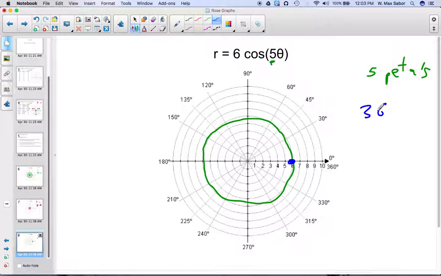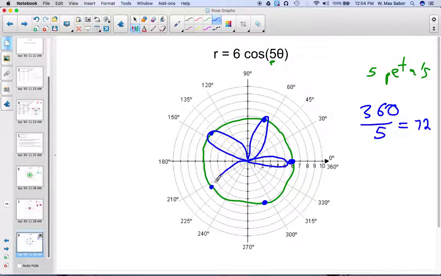And we're going to go 360 divided by 5 apart, which is 72 degrees apart. So we have 72, 144 would be the next angle, then add another 72, and another 72. And now we have 5 evenly spaced petals. And that is our rose curve.